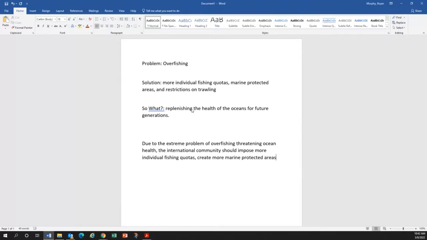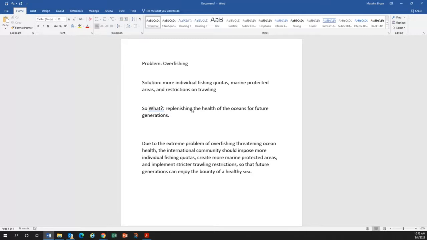Could create more marine protected areas and implement stricter trawling restrictions so that future generations can enjoy the bounty of a healthy sea.